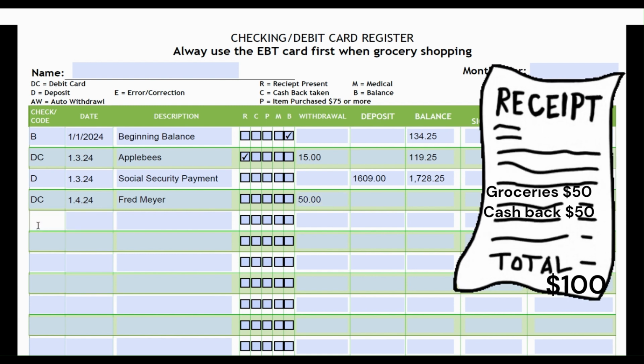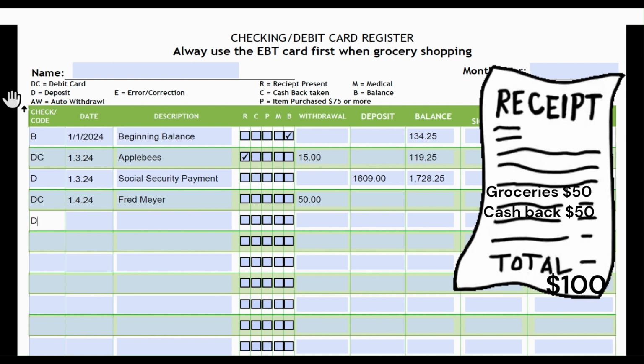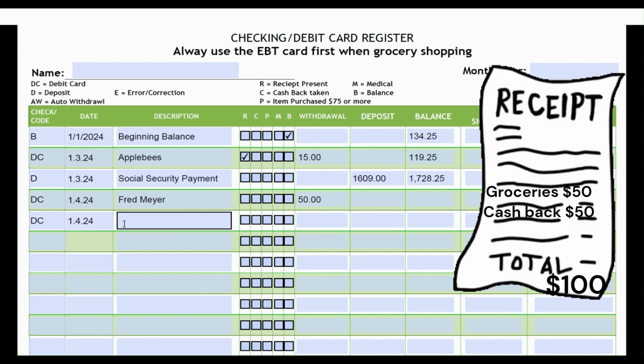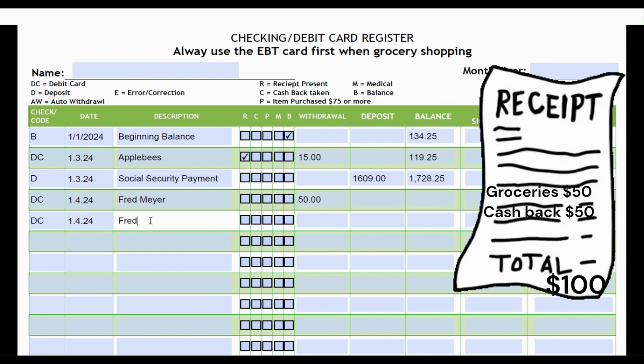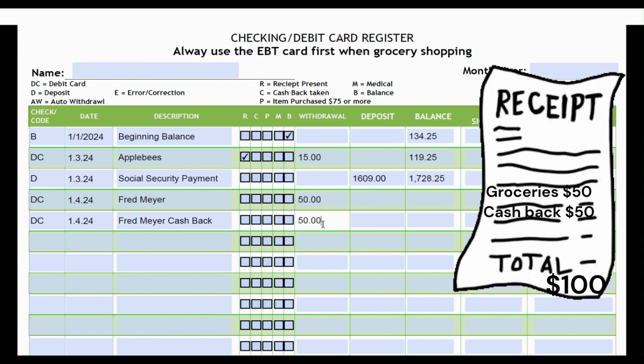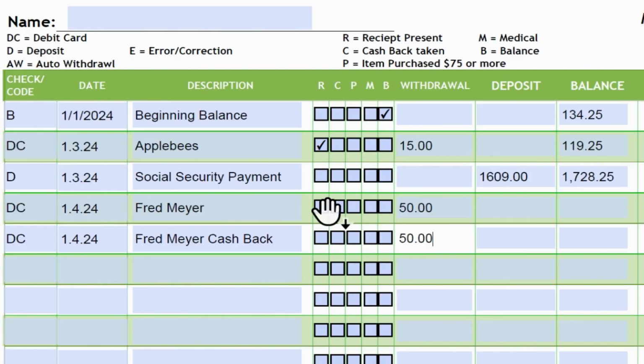And then you're going to do a separate line, also debit card, same day. And then we're going to call this Fred Meyer cash back. And that's going to be another $50. However, we're going to make sure that, of course, we have the receipts for both of these.